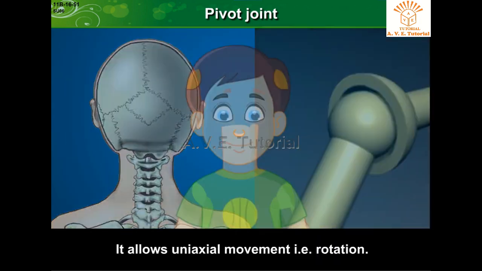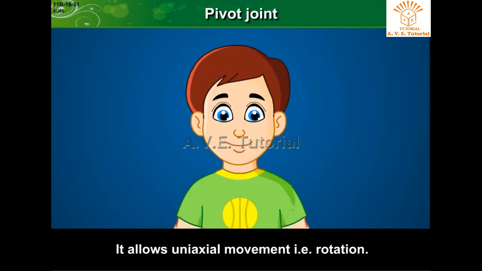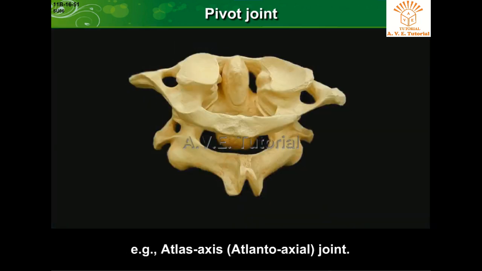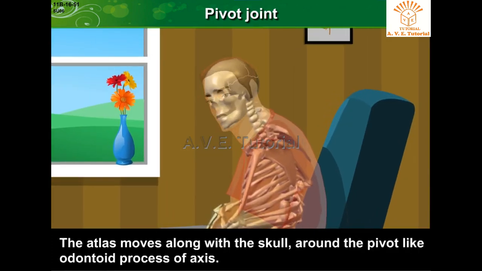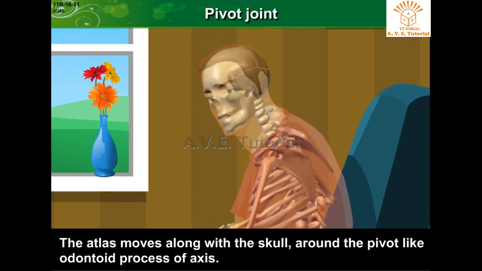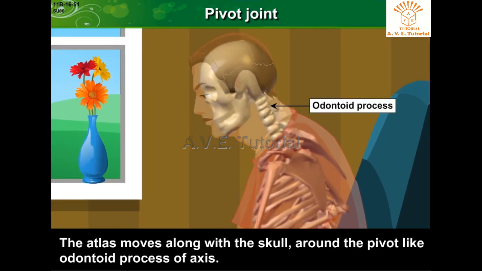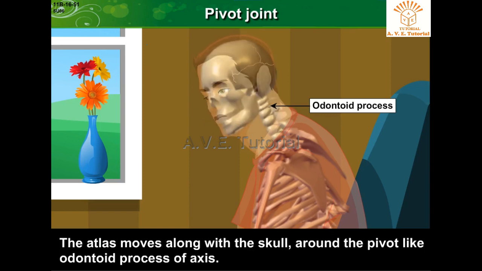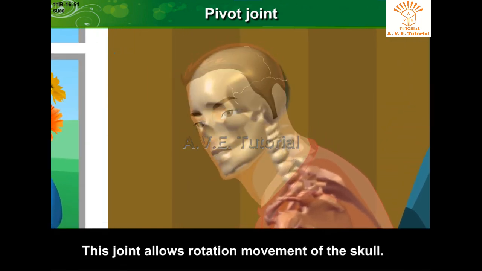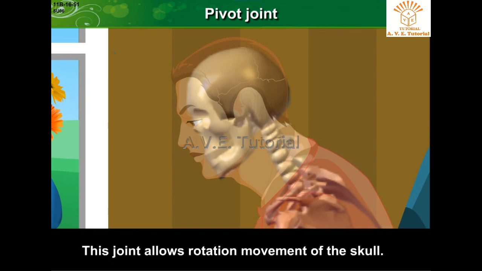It allows uniaxial movement, that is rotation. An example of this joint is the atlantoaxial joint. Atlas moves along with the skull around the pivot-like odontoid process of axis. This joint allows rotation movement of the skull.